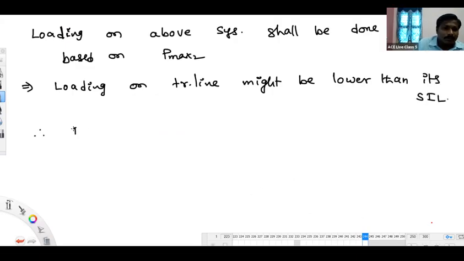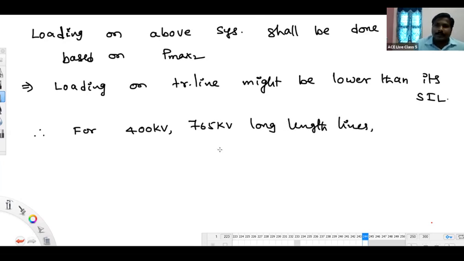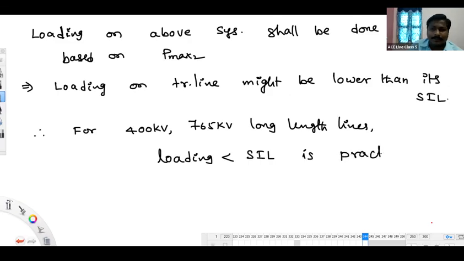Therefore, for 400 kV and 765 kV long length lines, loading less than SIL is practical, not maybe. That's it. Loading less than SIL is practical.